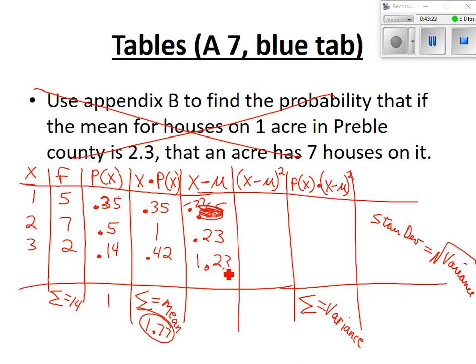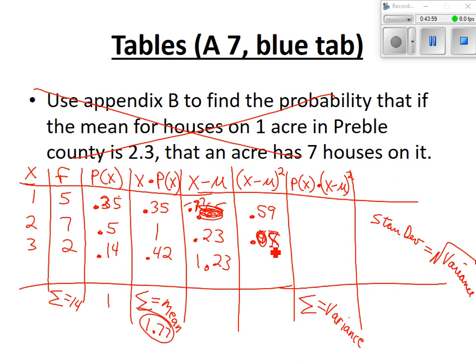Then you take each one of those numbers and you square. What's going to happen when you square that negative? It's going to become a positive. What's 0.77 squared? 0.59. 0.23 squared? 0.05.